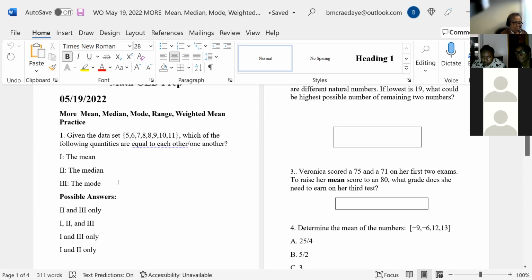Number 2 is the median. 3 is the mode. You could have median, mode only. You could have mean, median, and mode. You could have mean and mode. You could have mean and median. What it means is you need to calculate mean, calculate median, calculate mode. So do that right now and tell me which one of those answers is correct.